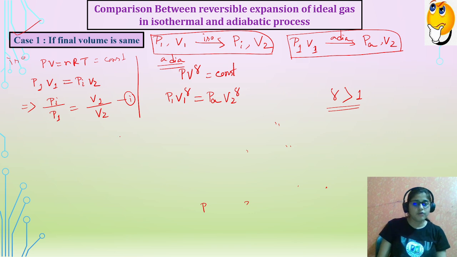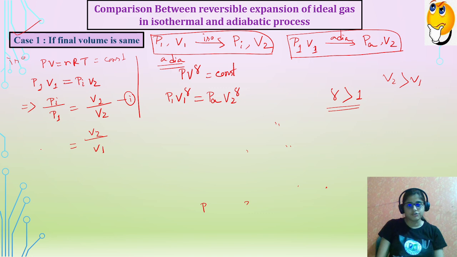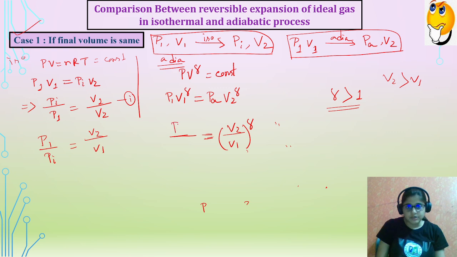Okay, so V2 is greater than V1, right? So we have to rearrange it: V2 by V1 will be equal to P1 by Pi. Here also, V2 by V1 to the power gamma will be equal to P1 by PA.